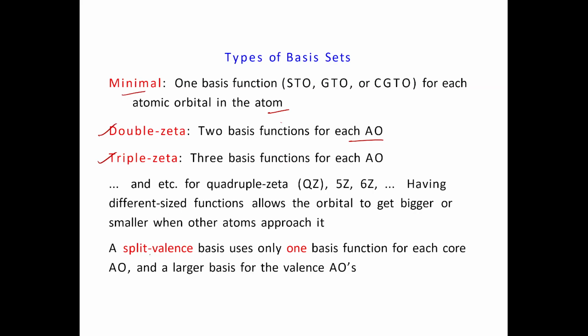Now a split valence basis. The split valence basis is actually your 6-31G. In that, you use only one basis function for each core AO.